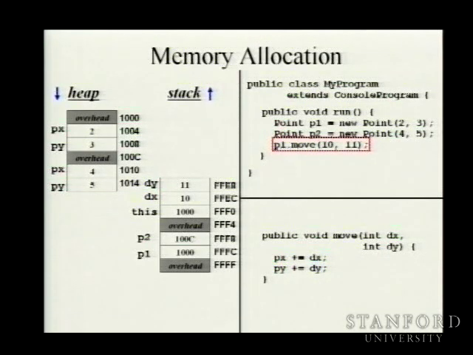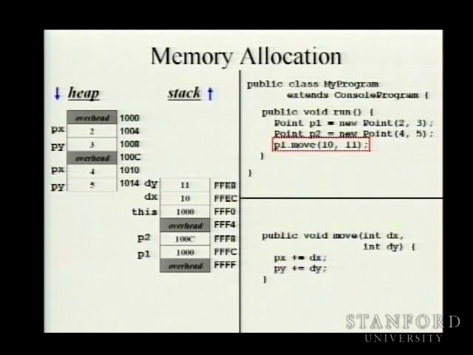What information goes on the stack frame? Well, you get some overhead for the fact that you're calling a method. This overhead is this first 4 bytes here. Then you get all the parameters that you're passing to the method. And you might say, but Maron, the parameters I'm passing to the method are dy and dx. What's this thing all about? There's a hidden parameter that you didn't know about until now.